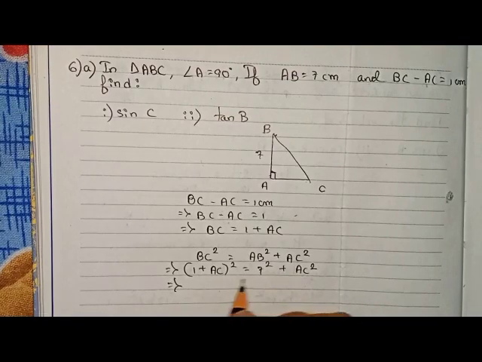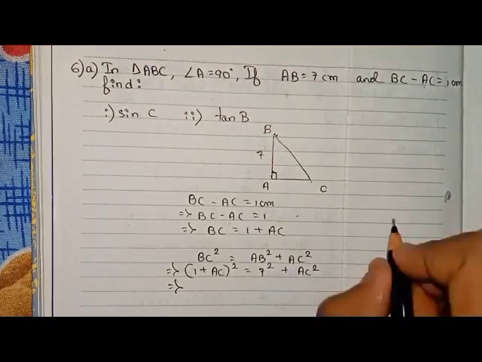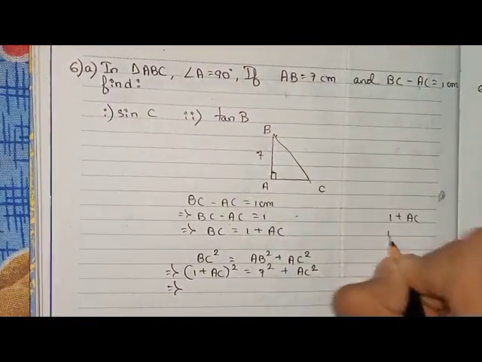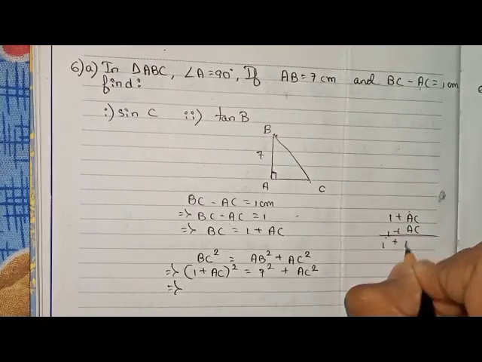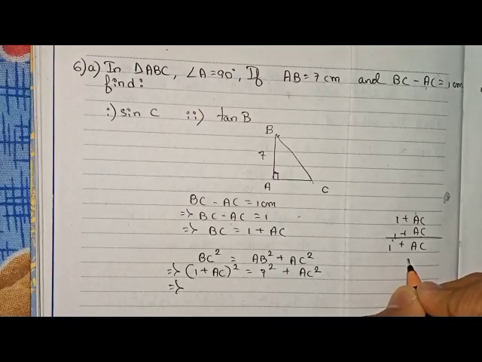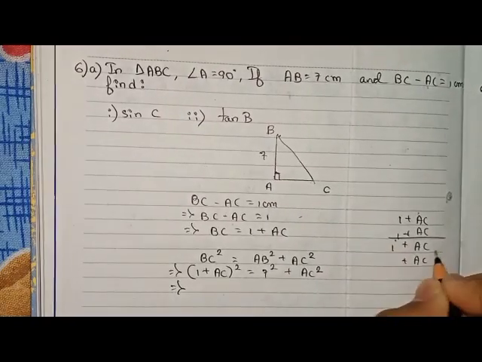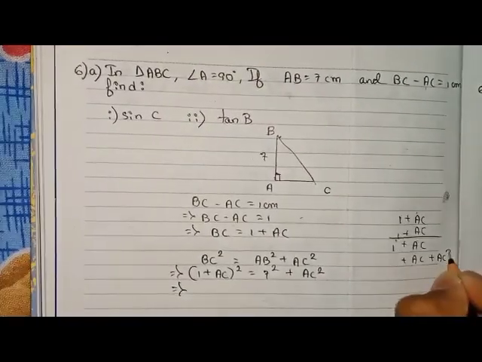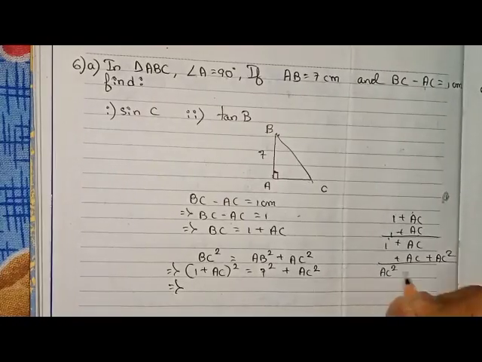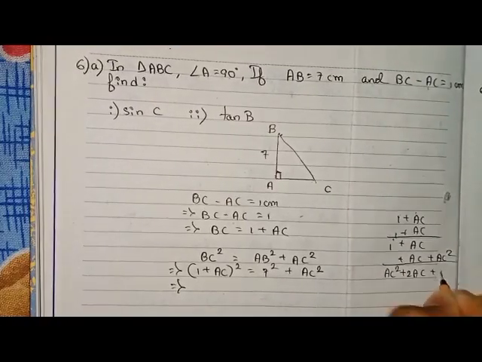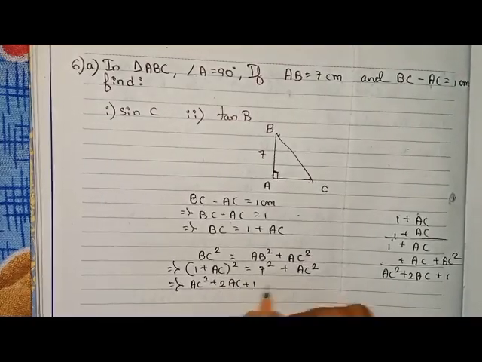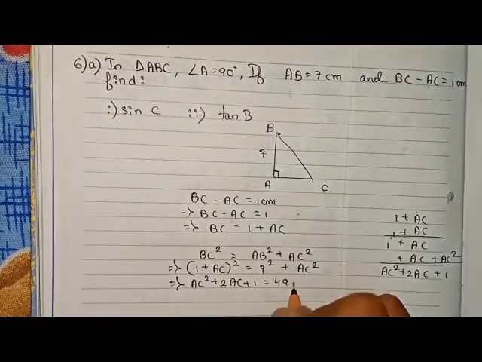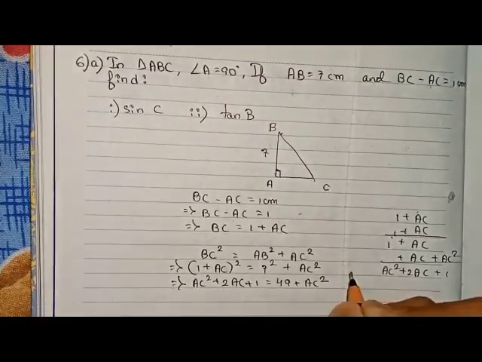Now 1 plus AC whole square, we do it here. 1 plus AC times 1 plus AC. 1 into 1 is 1, 1 into AC is AC, AC into 1 is AC, and AC into AC is AC square. So it will give AC square plus 2AC plus 1 is equal to 7 to the power 2, 49, plus AC square.